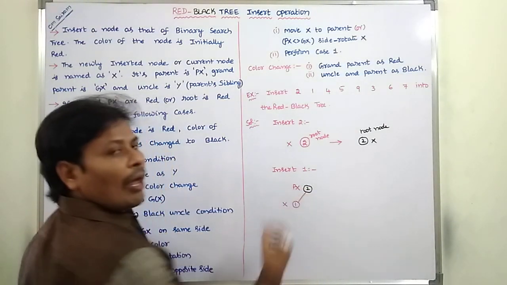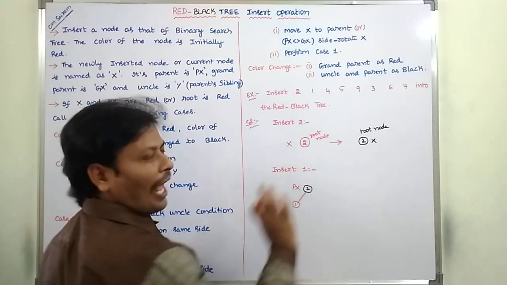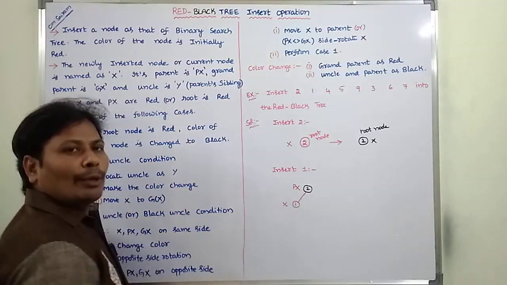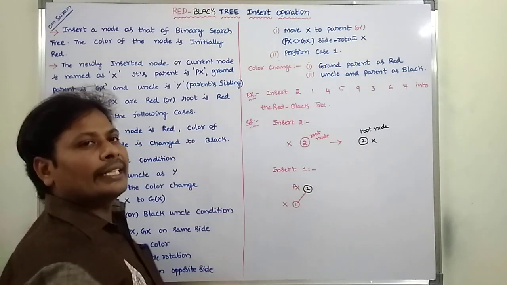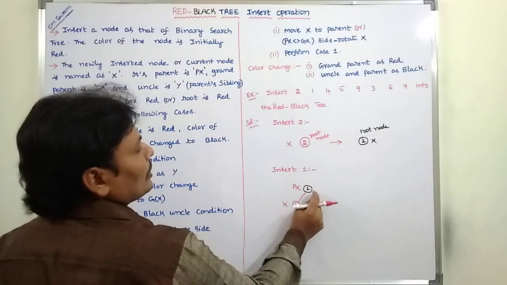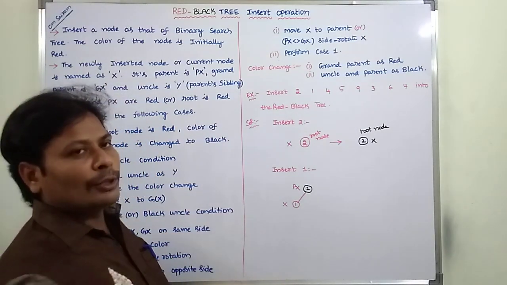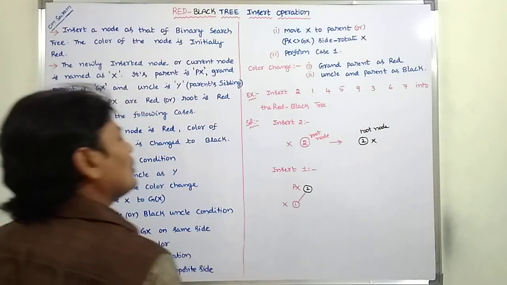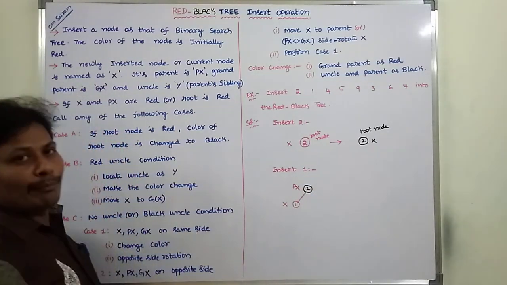For checking the red black tree, the root node is a black node, so this is correct. Do any two consecutive nodes in a particular path contain red nodes? No, this is a black node, this is a red node. Two consecutive red nodes are not there. So now this is the correct red black tree.